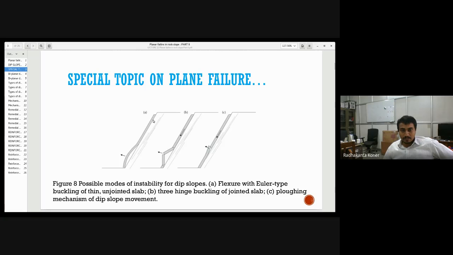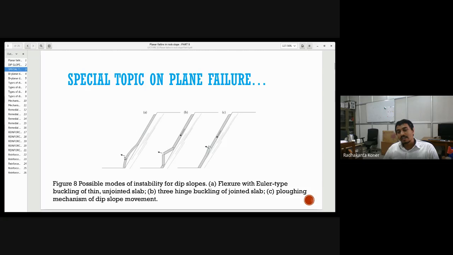Now, if some amount of stress is developed, due to the self weight of this thin layer at the bottom, there is a tendency to buckle. This applies to any kind of material. So if this buckle is observed, what will happen here?